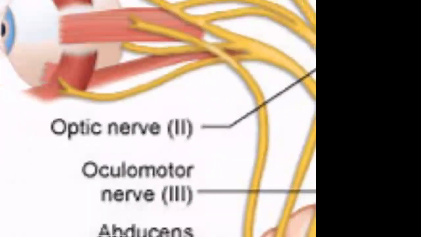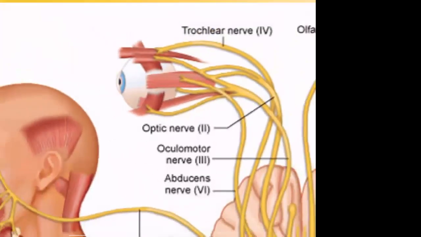Optic nerve, cranial nerve 2, like two eyes, like the letter I. So that's an easy way to remember this one. The optic nerve is cranial nerve 2, like two eyes. So it's a good one to remember, and it's an easy one to remember if you remember it that way.